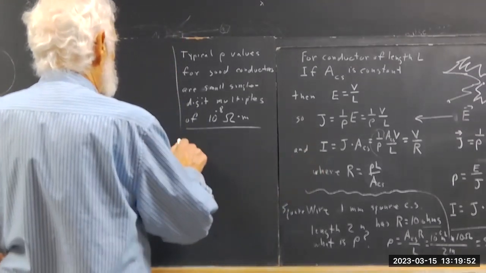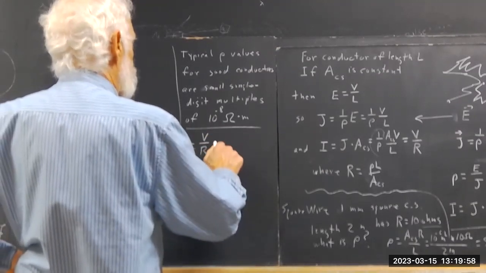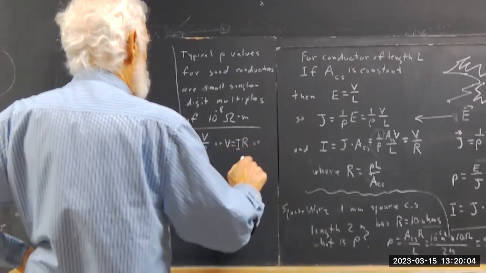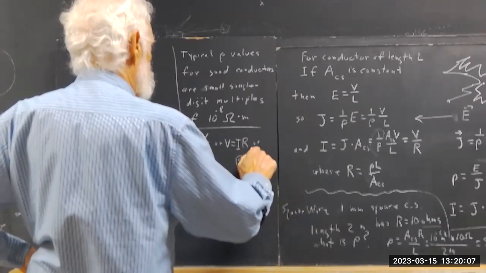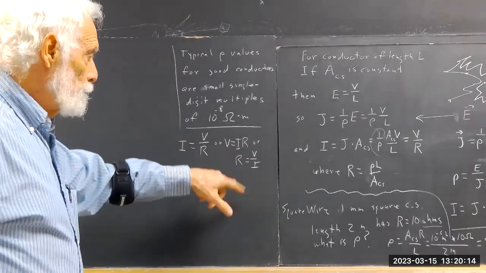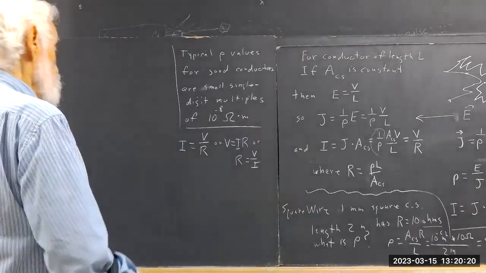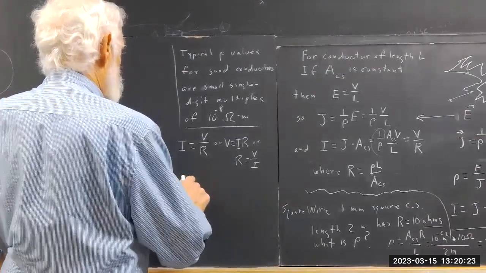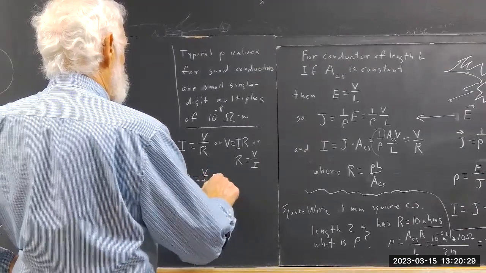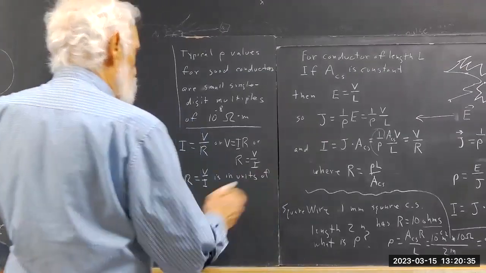Going back to this, I equals V over R. We have these three rearrangements of that same relation. What are the units?